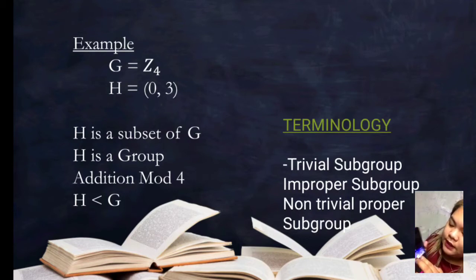H is a subset of G. H is a group under addition mod 4. Terminology: trivial subgroup, improper subgroup, non-trivial proper subgroup.